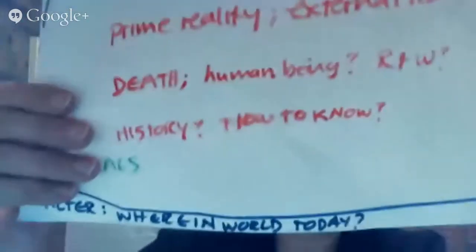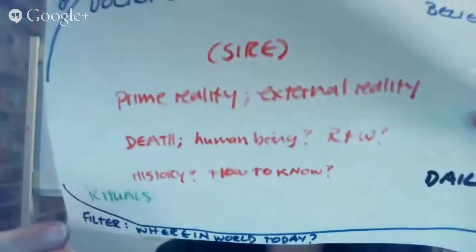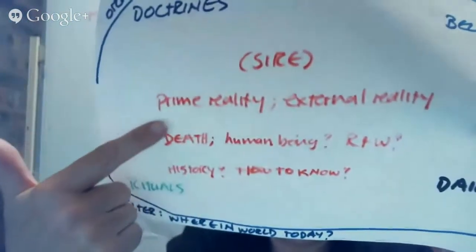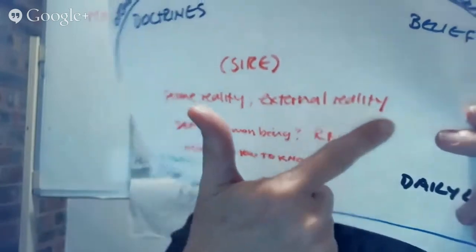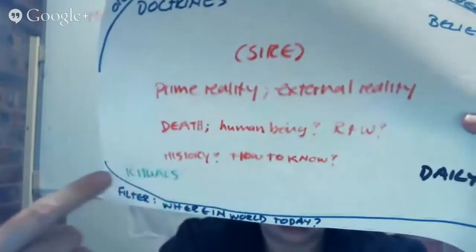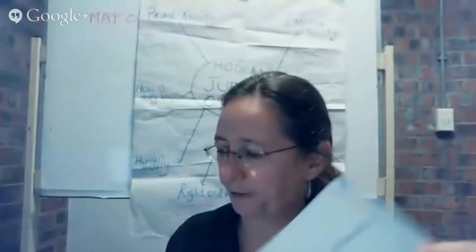So, for example, you would need to be able to say and fill in what is the prime reality, what is the external reality, what happens at death in Islam. And then you would have to go to the reading, and you would have to try and highlight all the elements.